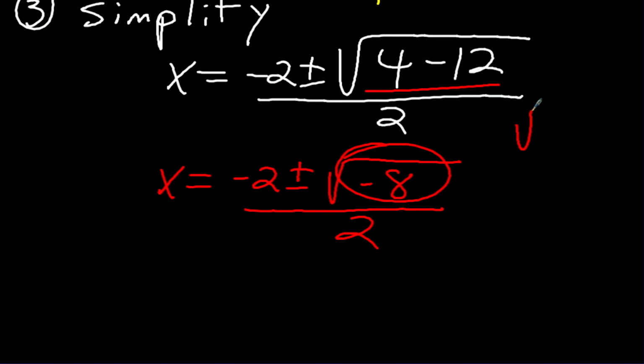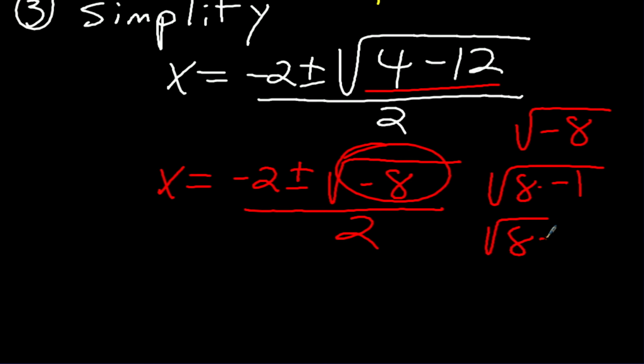So we're going to deal with the square root of negative 8. Well, I can't take the square root of 8, so first of all, I'll split off the negative from it. So I write it as 8 times a negative 1. And I'm going to split that off into the square root of 8 times the square root of negative 1. Well, if you know anything about complex numbers or imaginary numbers, you know that the square root of negative 1 is defined as i.